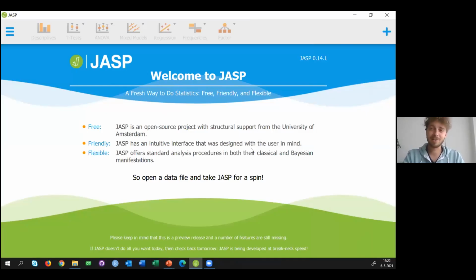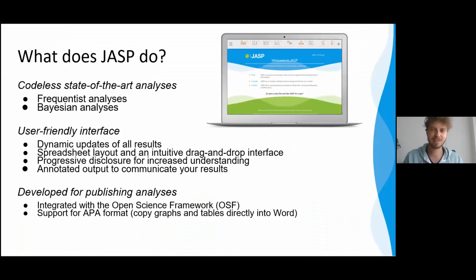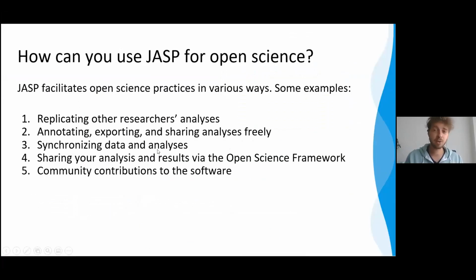So now that we have opened JASP and got a little bit of a feeling of what it looks like, now it's time to show you that slide of ways that we can use JASP to perform open science. And I have an example thought of, which has a workflow in which we can go through all of these examples using JASP.